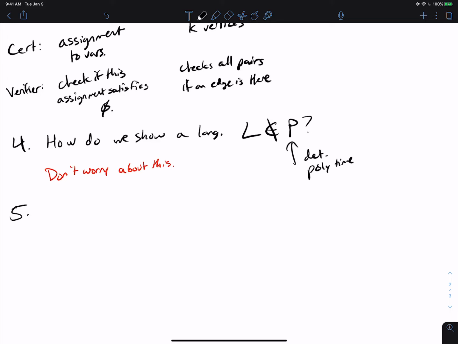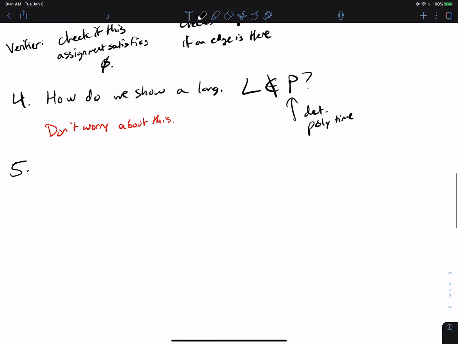So the fifth question is, can you go over how to prove decidability when given a language L with input?